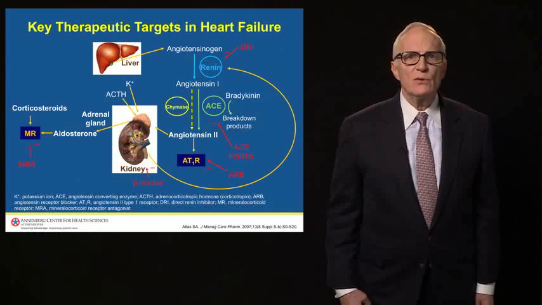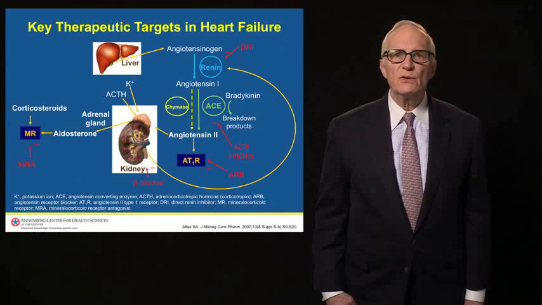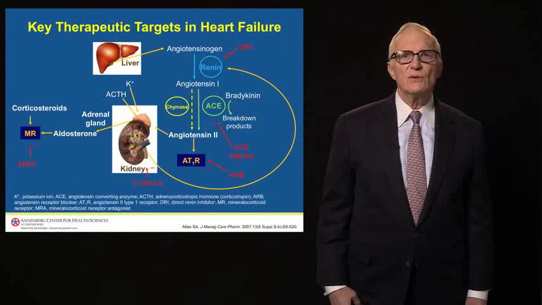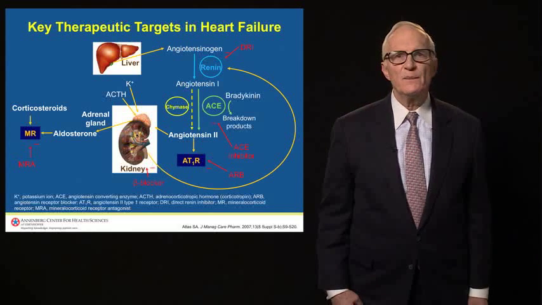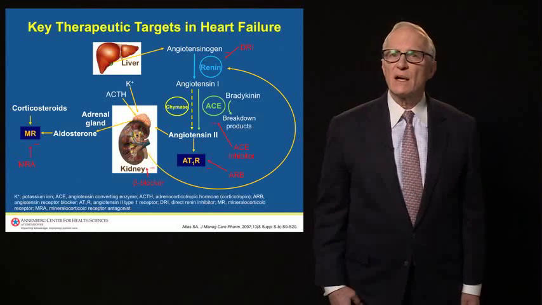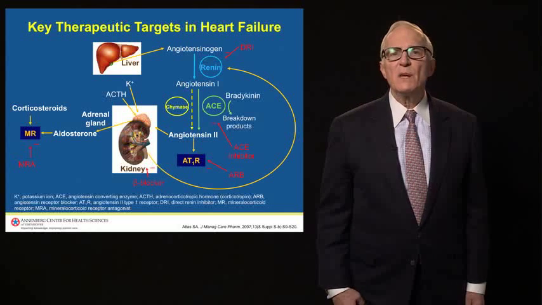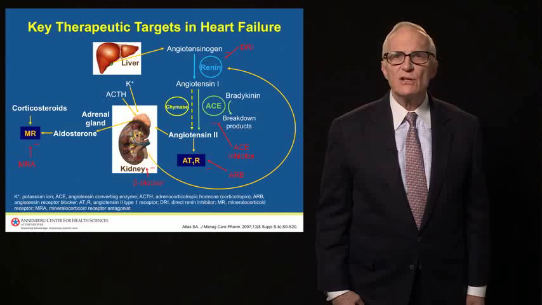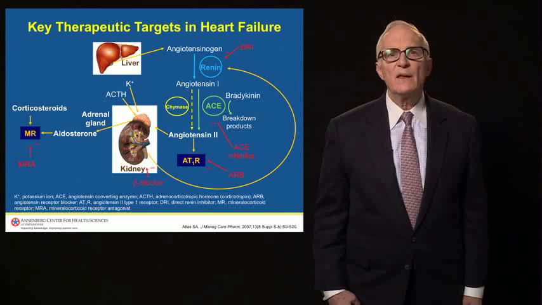It's important to note, though, that the kidney, which produces the renin, which catalyzes the conversion of angiotensinogen to angiotensin 1, can be affected by beta blockers as well. Beta blockers can directly block the manufacture of renin by the kidney.